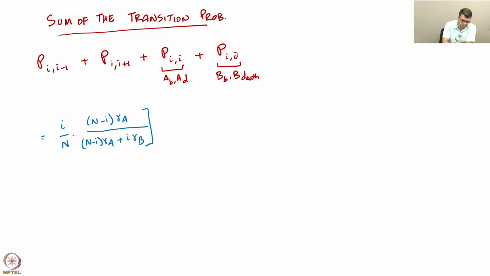That is the first one, plus I to I plus 1 which is B born and A dying, which is n minus I upon n times I times Rb divided by n minus I times Ra plus I times Rb. That is the second expression.